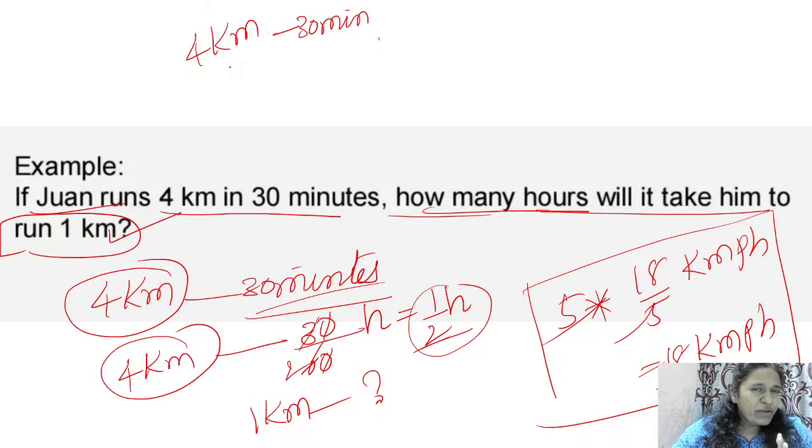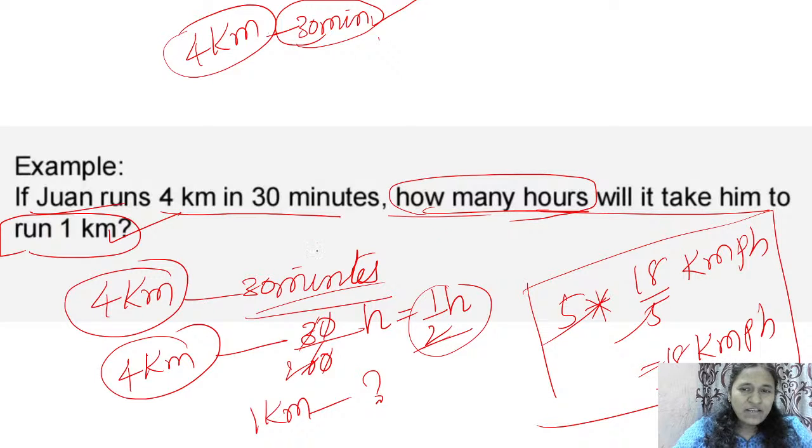In 4 kilometers he is running in 30 minutes only, so in 1 kilometer he will run in less than 30 minutes, right? But we have to convert these minutes into hours, because he is asking how many hours he will take to run 1 kilometer. That's why first we are converting these 30 minutes into hours.